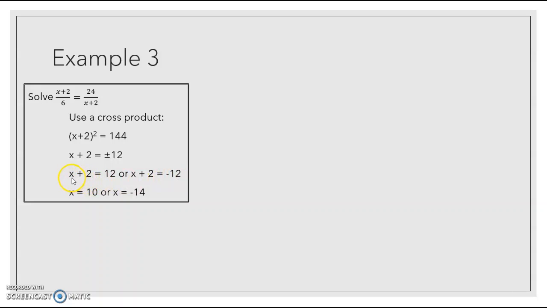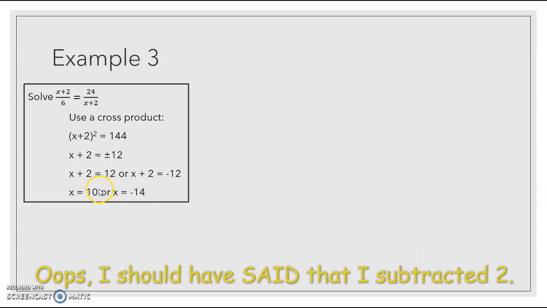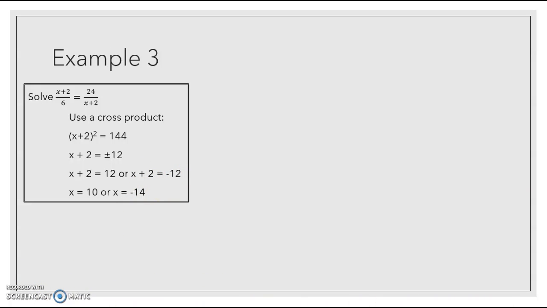So I separate it into two equations. x plus 2 equals 12. And x plus 2 equals negative 12. And then I solve each of these separately, and I get two different answers. When I add 2 on both sides here, I get 10. When I add 2 on both sides here, I get negative 14. Let's take a look at one last example.